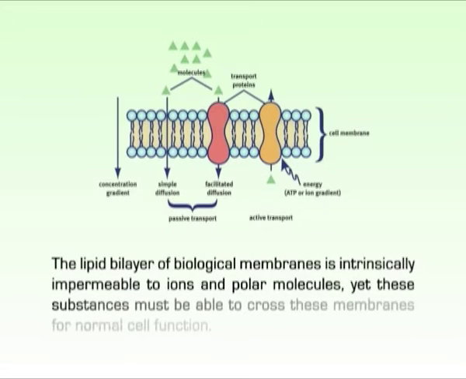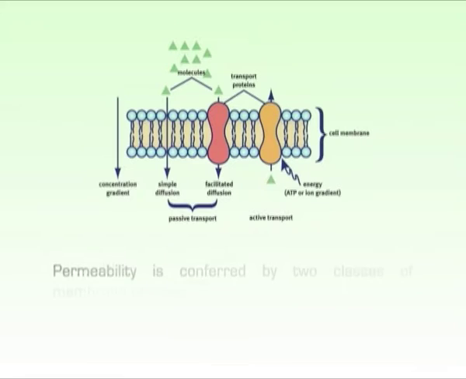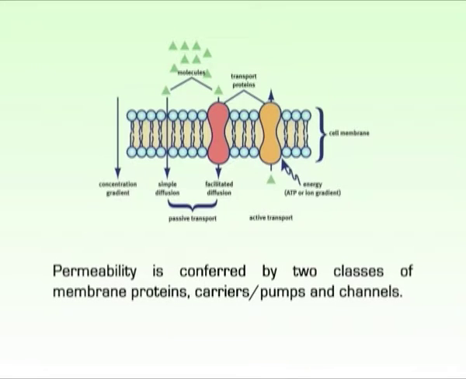The lipid bilayer of biological membranes is intrinsically impermeable to ions and polar molecules. Yet, these substances must be able to cross these membranes for normal cell function. Permeability is conferred by two classes of membrane proteins, carriers or pumps and channels.